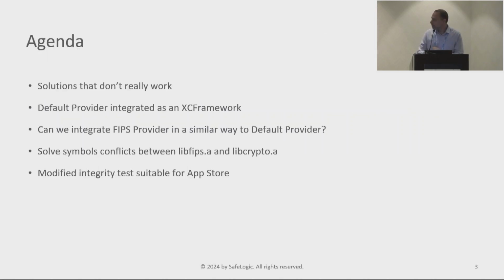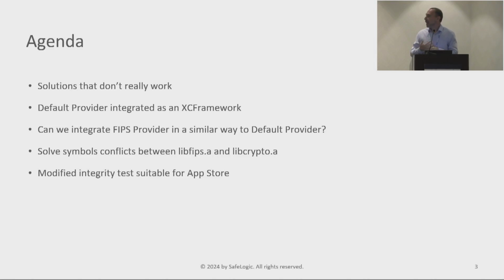Okay, so what I'm going to speak about. I'll start by speaking about solutions that don't work. I researched a lot. I looked at all kinds of attempts of people sharing their ideas over GitHub or other repositories and trying to find easy solutions. And unfortunately, there doesn't look to be a very easy solution.